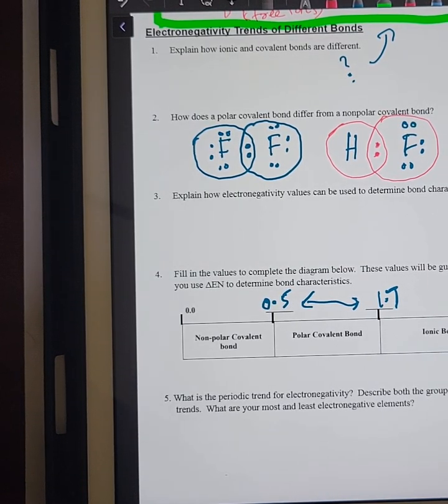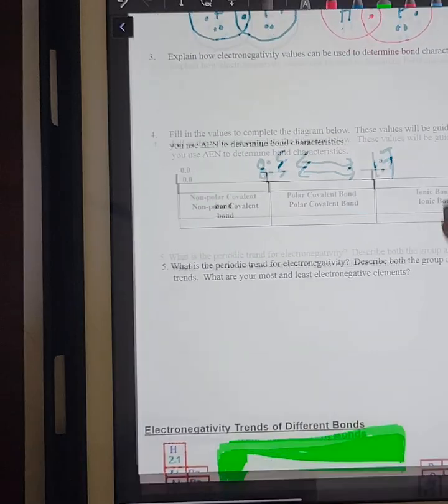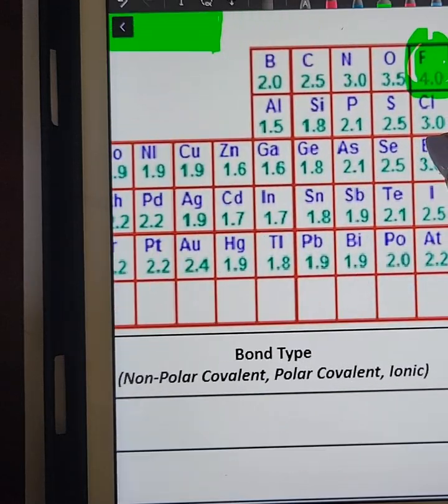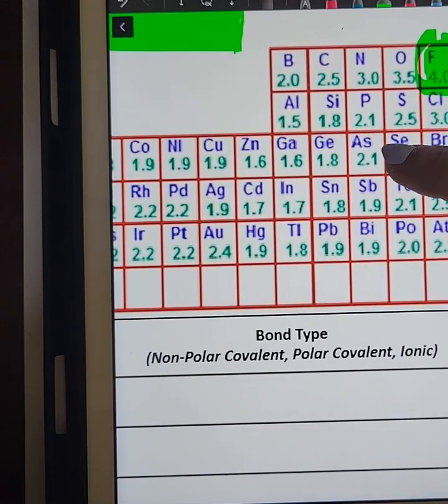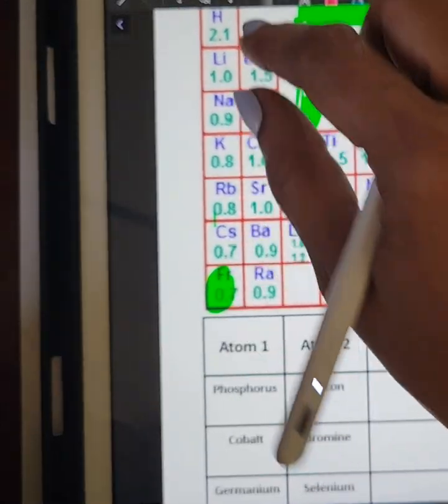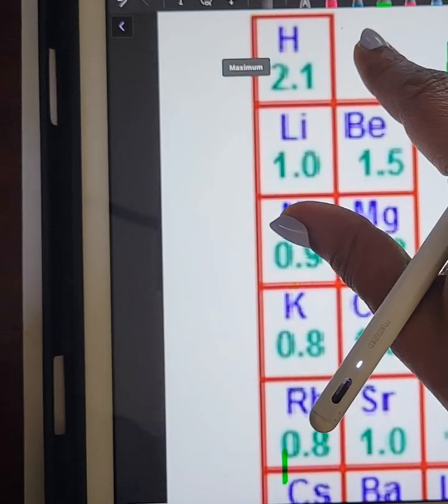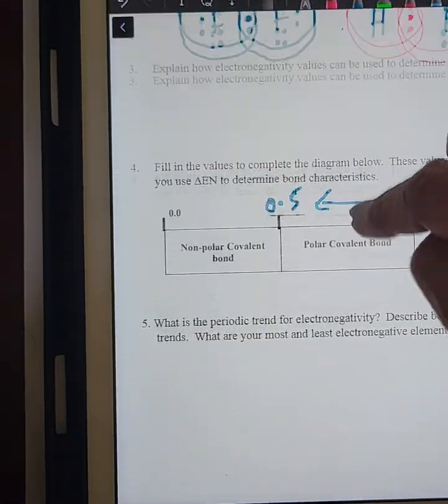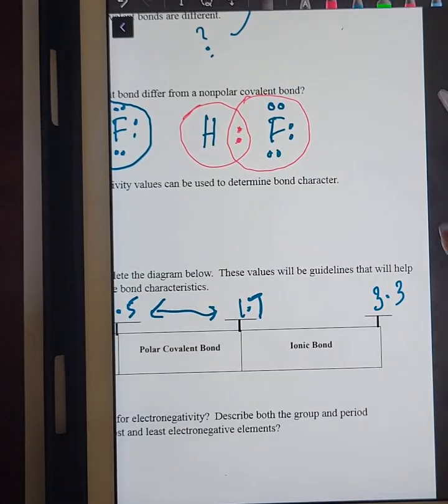Both are happy. But when you look at the electronegativity value, we know that it is the ability to pull electrons. Fluorine has electronegativity 4 and hydrogen has electronegativity 2.1. So who is stronger in pulling electrons? Fluorine. So what happens after a few seconds?